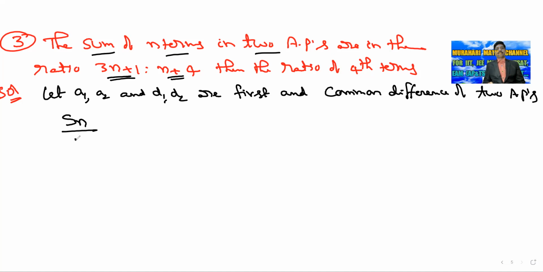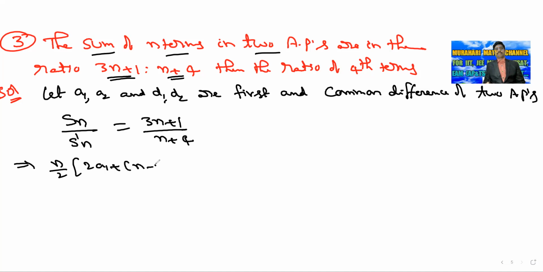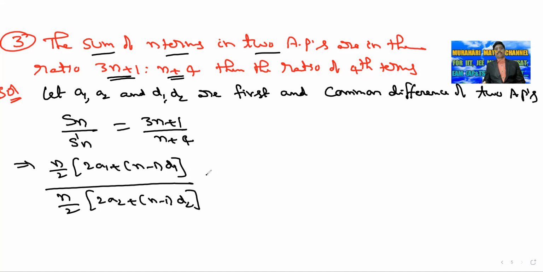So Sn by S dash n is equal to (3n plus 1) by (n plus 4). We have the Sn formula n by 2 times (2a1 plus (n minus 1) into d1), and S dash n is n by 2 times (2a2 plus (n minus 1) into d2), equal to (3n plus 1) by (n plus 4). In this, n by 2 gets cancelled. Okay, let us take this as equation 1.